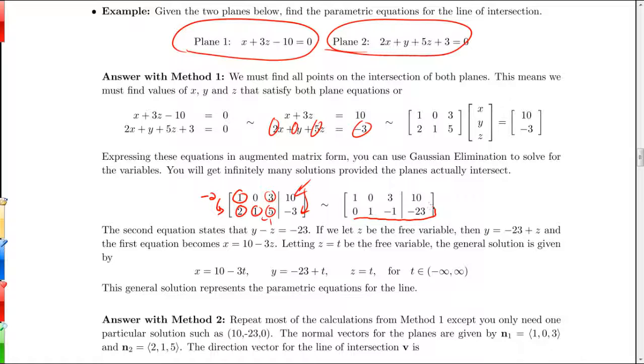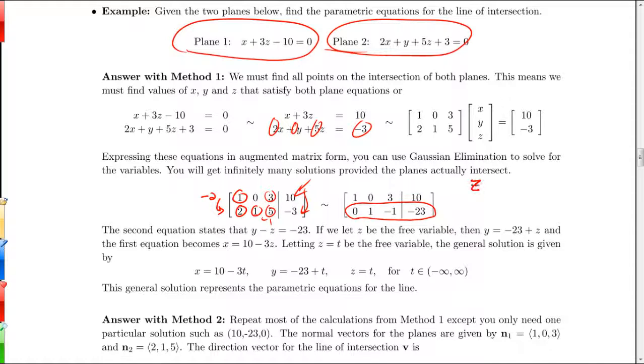And so if you take a look at this last equation, that basically says y minus z equals negative 23. So I have two equations, three unknowns. I'm going to have infinitely many solutions. So I'm just going to start with a free variable. I'll let z be my free parameter t.